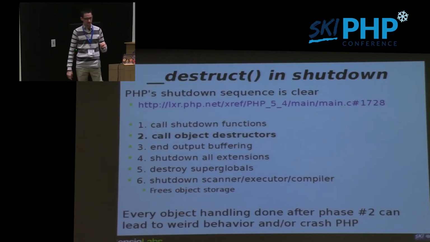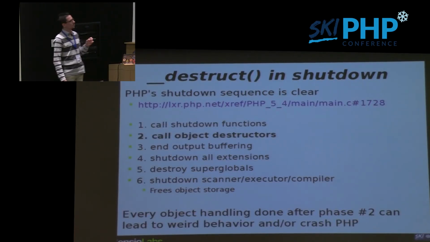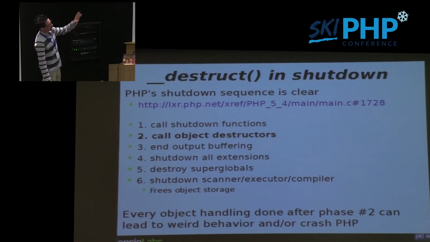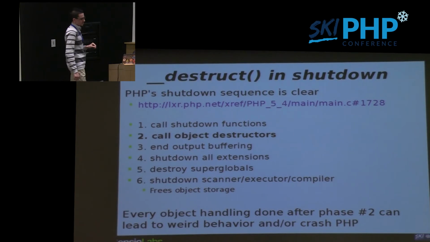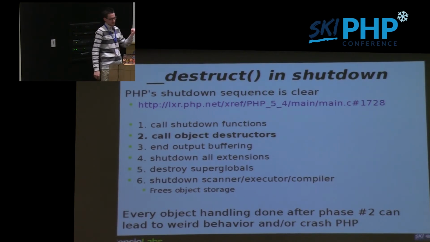So the shutdown sequence is detailed on this link, is detailed here. You call shutdown functions. You call object destructors. Everything which happens after this, which uses objects, can crash PHP.